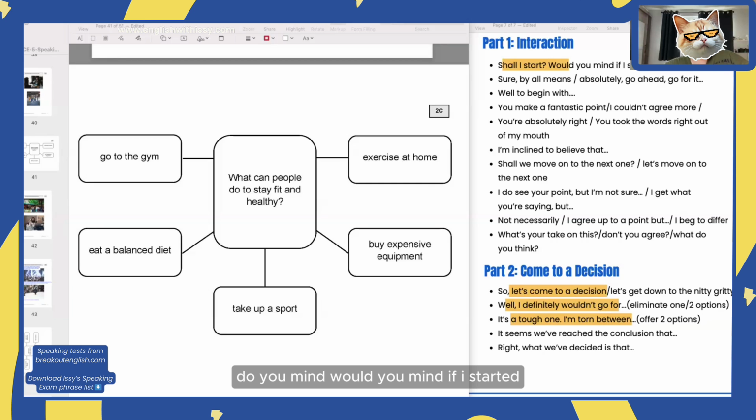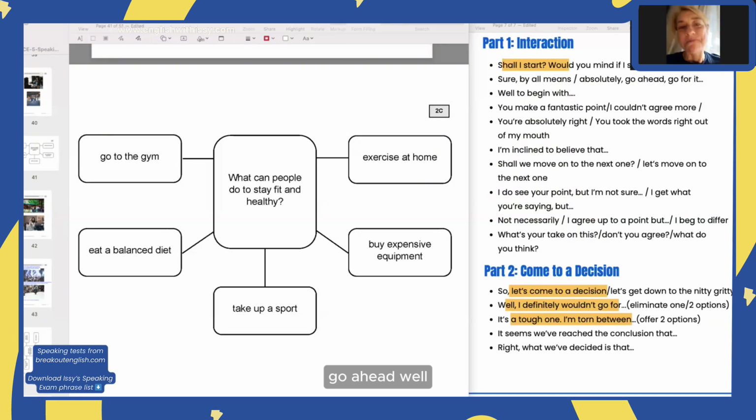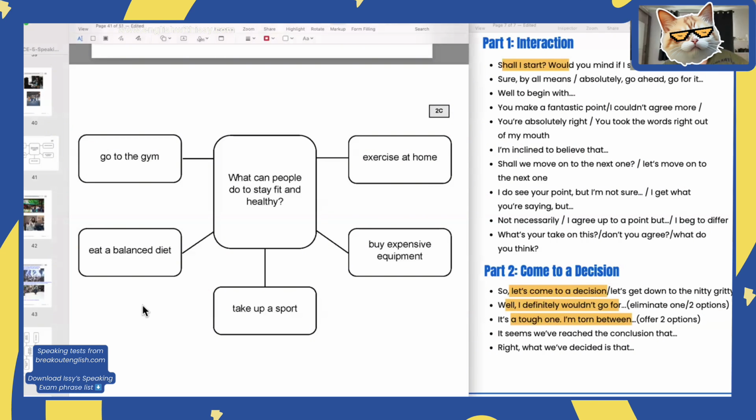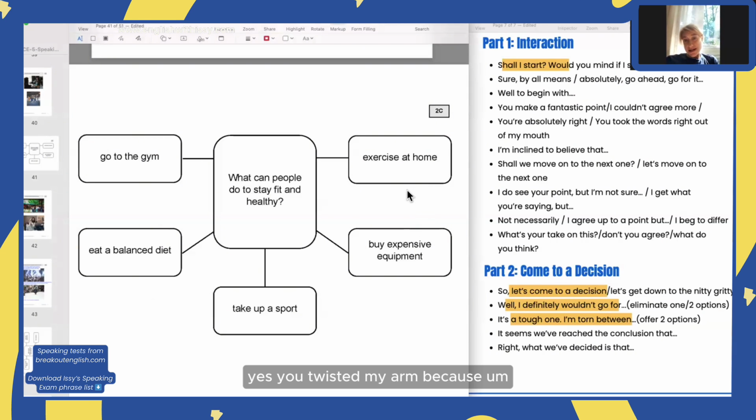Would you mind if I started? Go ahead. Well, as I mentioned before, I think that a balanced diet goes well with exercising at home. What is your opinion about it? Yes, you twisted my arm because it's convenient to, and yes, I'm totally on the same page.